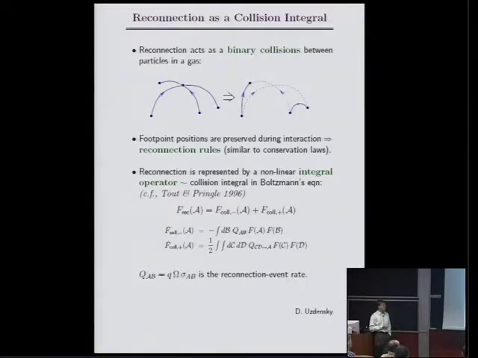The physical meaning of this kernel is a rate of reconnection events between loops of a given type, per unit time, per unit surface area of the disk. And this is where our ignorance lies to some extent. It's the parametrization. On dimensional grounds, we argue that it ought to be proportional to the shear, or the Keplerian rotation rate, and also to the cross-section of loops, which has to do with just the geometrical size.